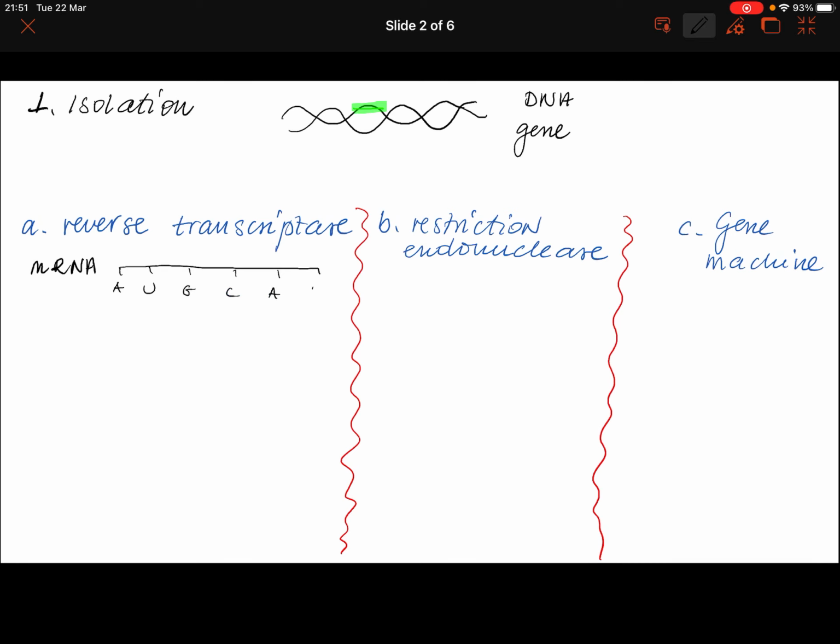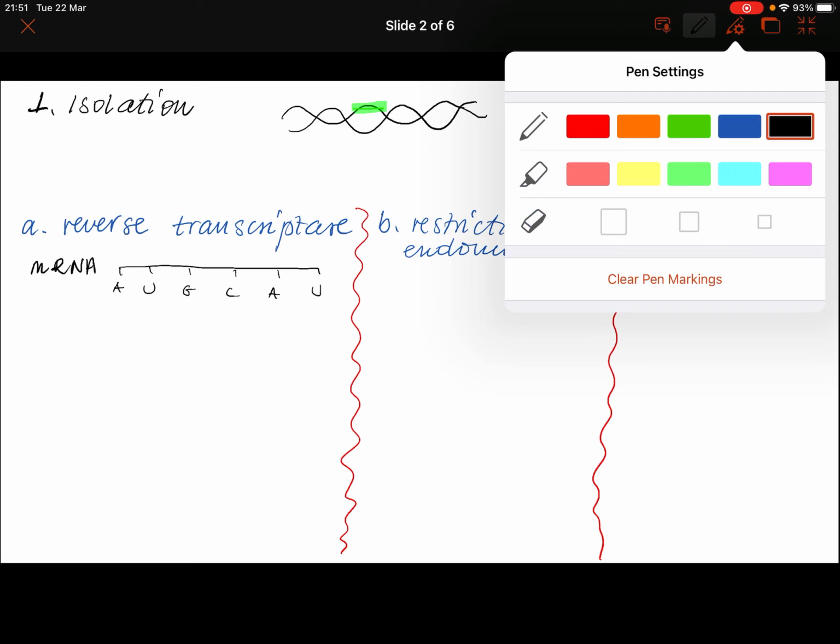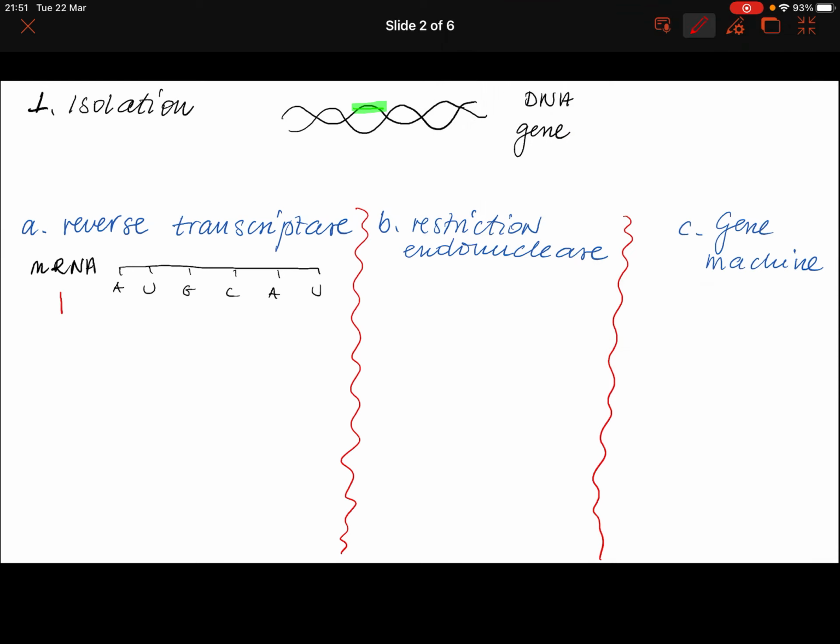So I'm going to put some bases here. So reverse transcriptase has the ability to use mRNA as a template to make complementary cDNA. This complementary cDNA, for the time being, is going to be just single-stranded.